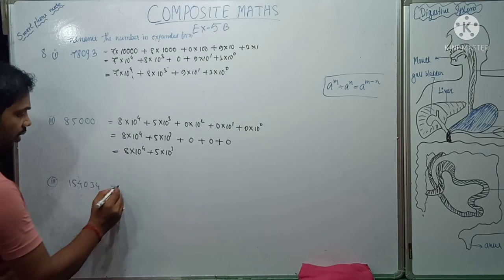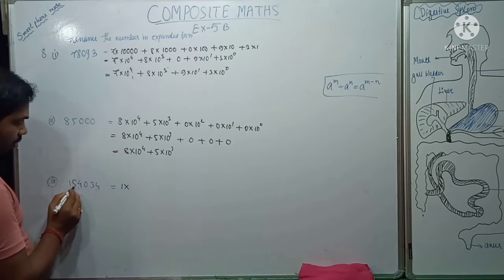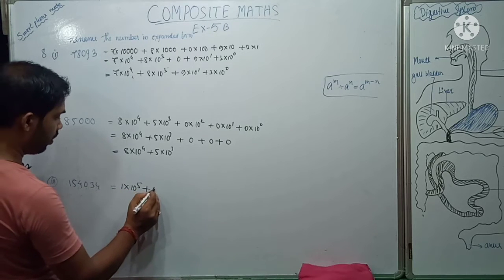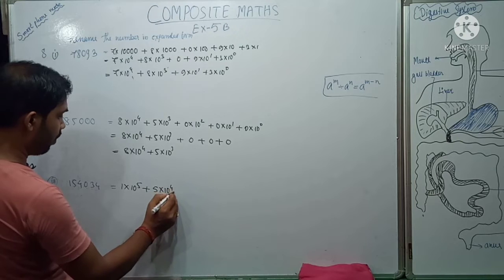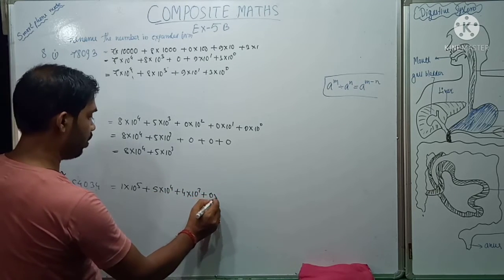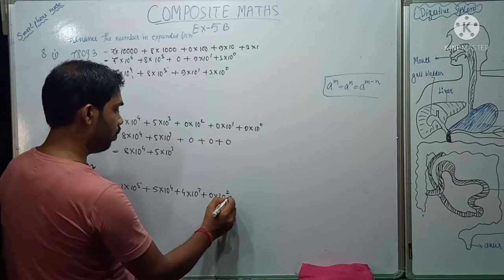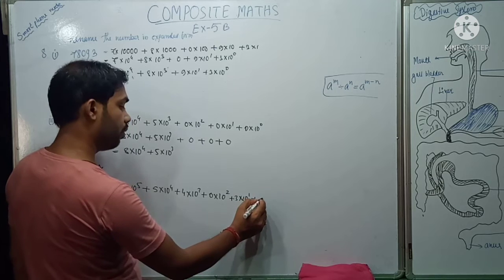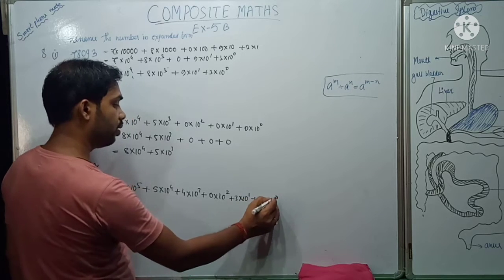So this one you see 1 2 3 4 5 digits, so 1 into 10 power 5 plus 5 into 10 power 4 plus 4 into 10 power 3 plus 0 into 10 power 2 plus 3 into 10 power 1 plus 4 into 10 power 0.